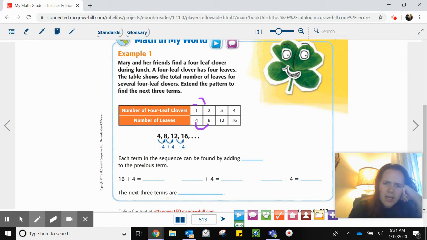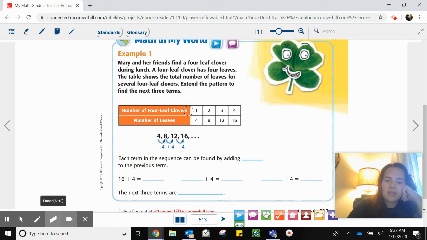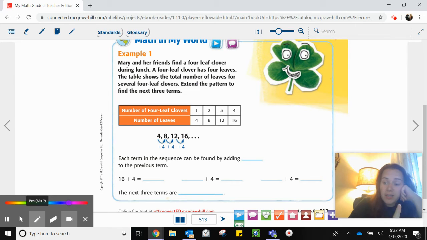We could also just focus on how it changes in the Y section to determine what our rule is. So in this case, 4 to 8 to 12 to 16, here's what a lot of kids do. They go, oh, well, 4 times 2 equals 8, therefore my rule is times 2. Well, sure, that works for the first one, but we have to try that and make sure it works for every term in the sequence before we can set that as our rule.